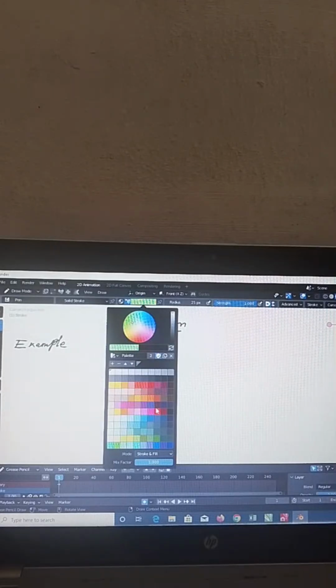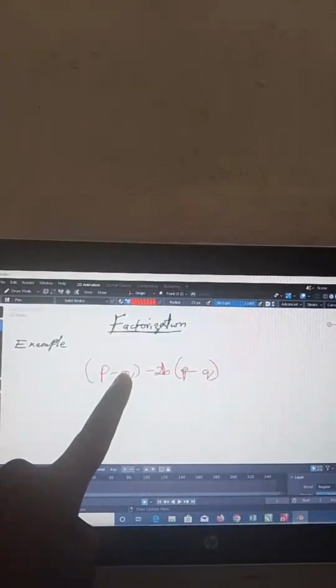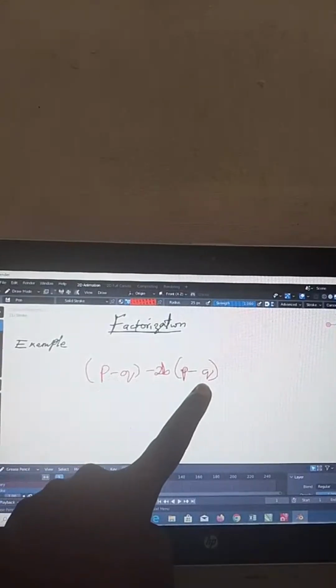So let me use this color. If I use that color, I have in brackets p minus q minus 2b in brackets p minus q. You see, I have these two factors. I have this factor and I have this factor.